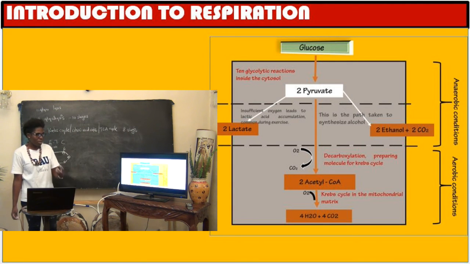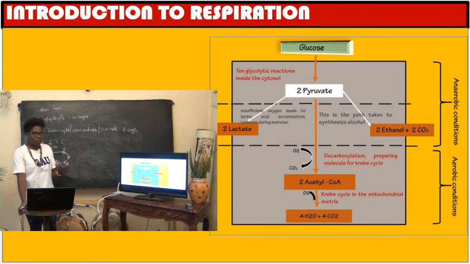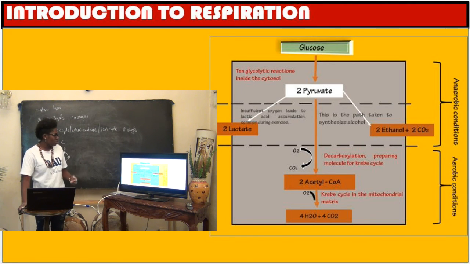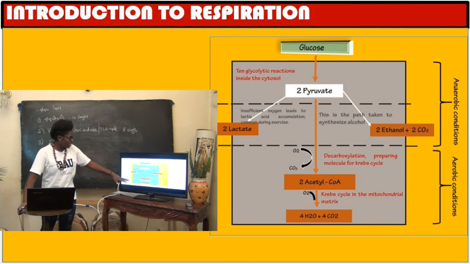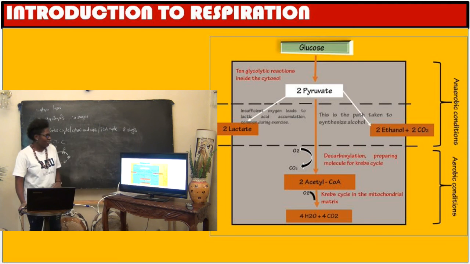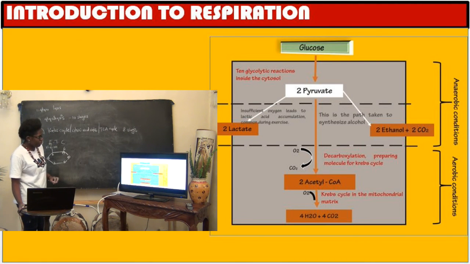This happens when muscles are trying to generate the energy they need for rigorous activities. And at the end of the day, when glucose is done, what we have is a water molecule and carbon dioxide. When you get to this point, you know that you have terminated the whole process of respiration.